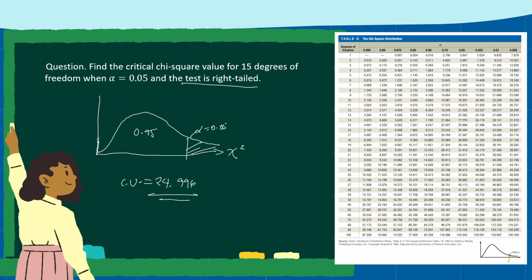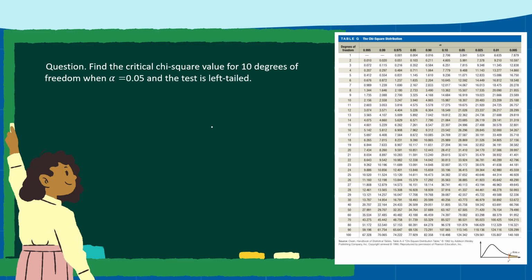The next one is we need to find the critical chi-square value for 10 degrees of freedom when alpha is 0.05 and the test is left-tailed. When the test is left-tailed, the value must be subtracted from 1. So that is 1 minus the alpha. So 1 minus 0.05, the result is 0.95.